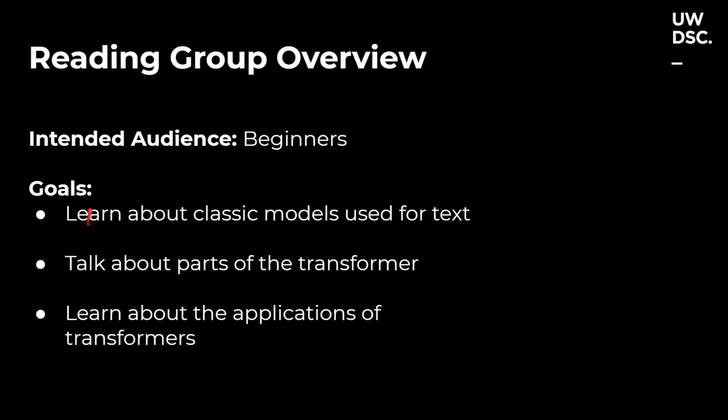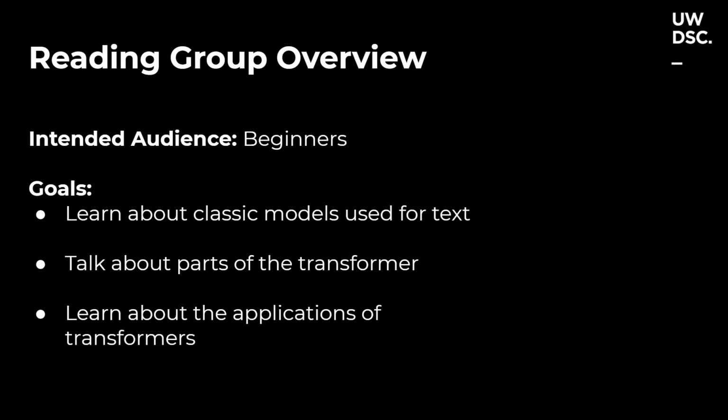The goal of all 2, 3, 4 weeks of this reading group is to learn about the classical models used for text. So this week we'll be covering Seq2Seq, LSTMs, RNNs kind of. We'll also talk about the different parts of the transformer.